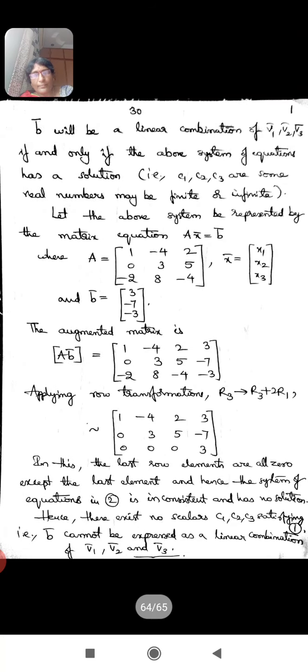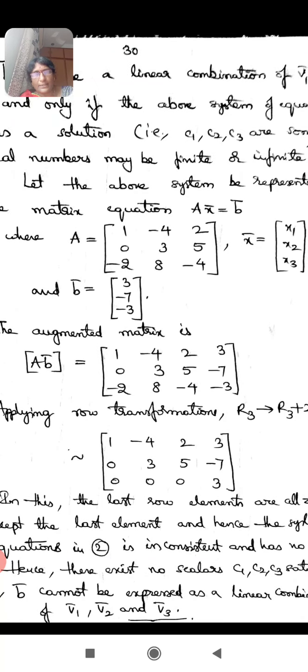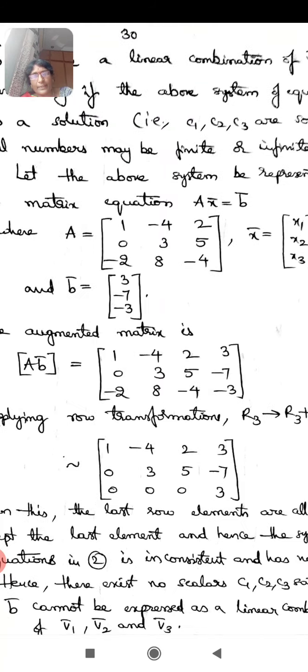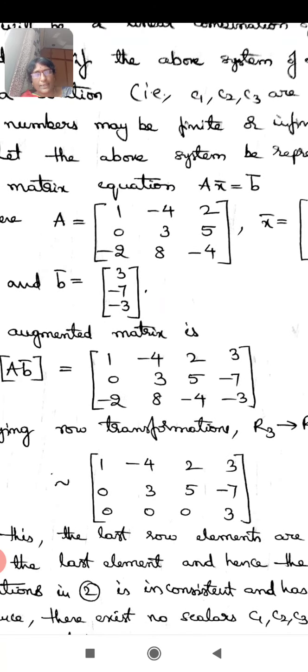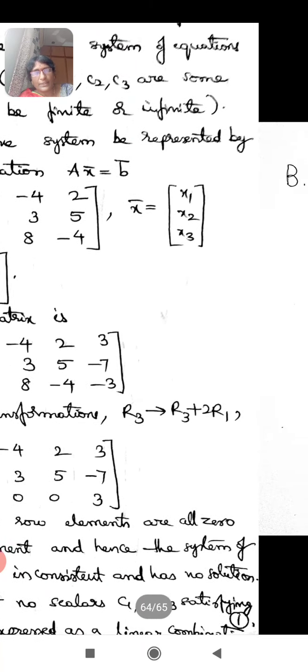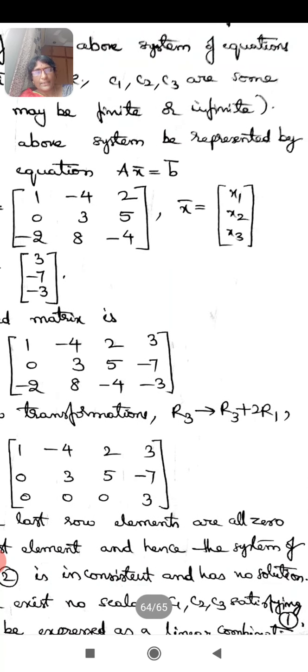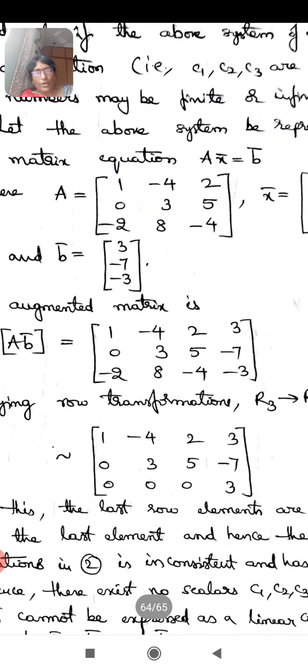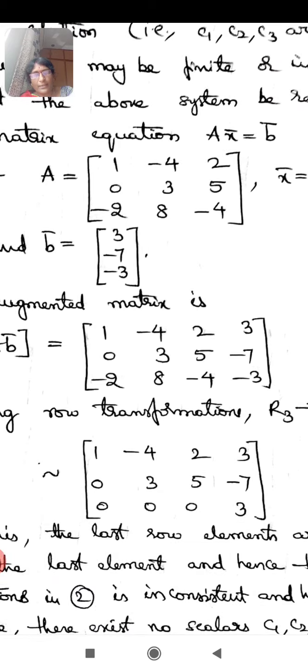Now the equation 2, which is the system of linear equations, three equations in three variables, can simply be represented in a matrix equation as A x bar is equal to b bar, where capital A is a 3 by 3 matrix consisting of all the coefficients or weights in the three equations in 2, and x bar is the variable matrix with x1, x2, x3 taken in a column, it is a column vector. b bar is the given vector in the problem itself.